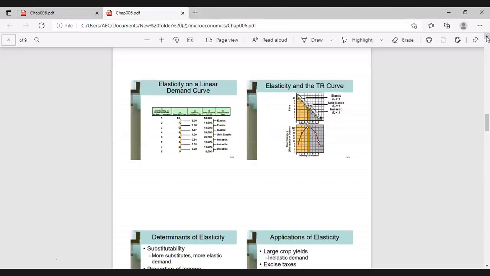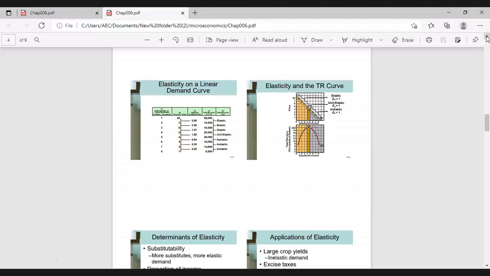The upper portion, the upper left portion, is the demand curve at the higher price.